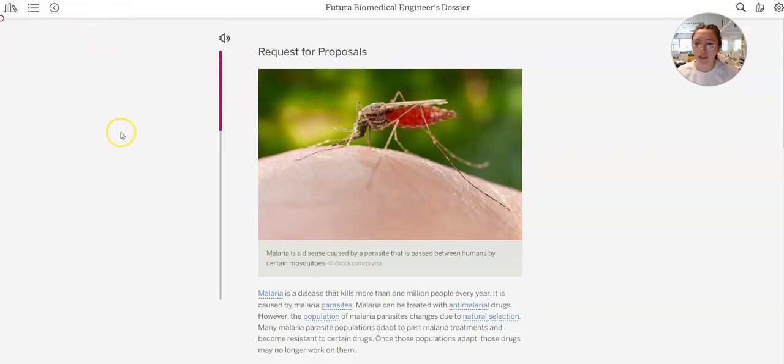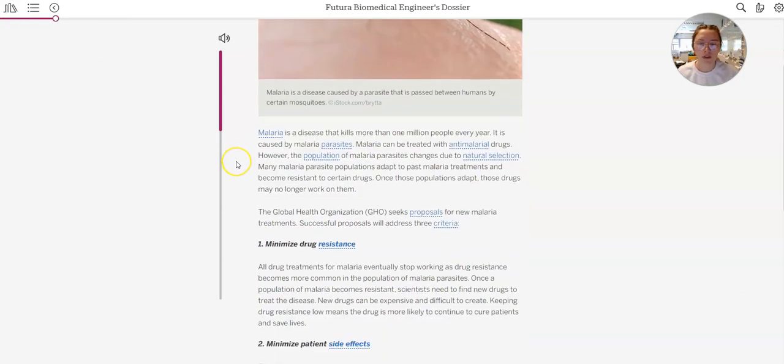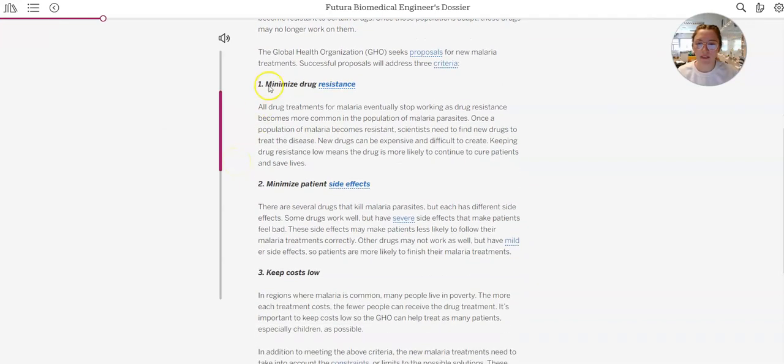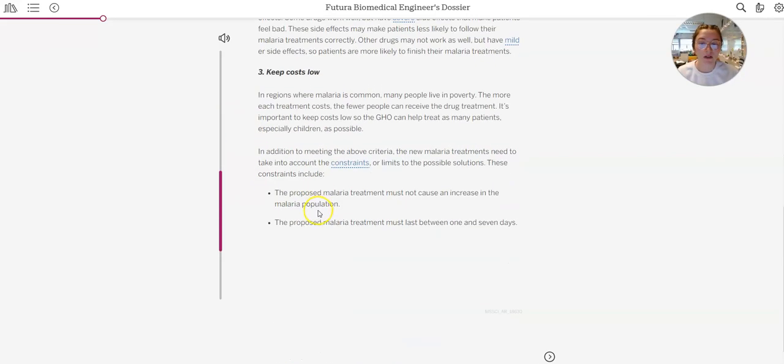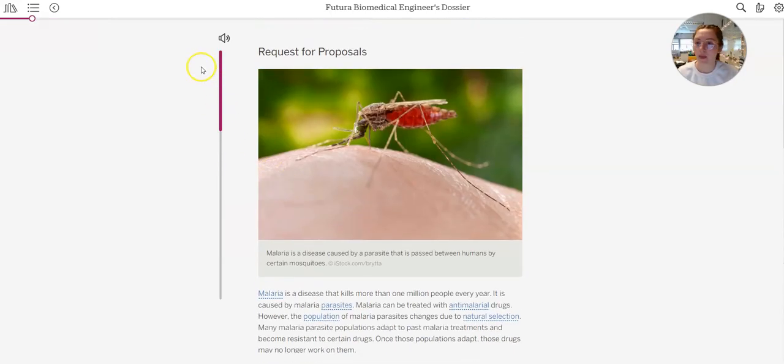That being said, really quick, what are my 3 project criteria for this unit? Hopefully we know it was to minimize drug resistance, minimize patient side effects, and to keep costs low, or something along those lines, okay?